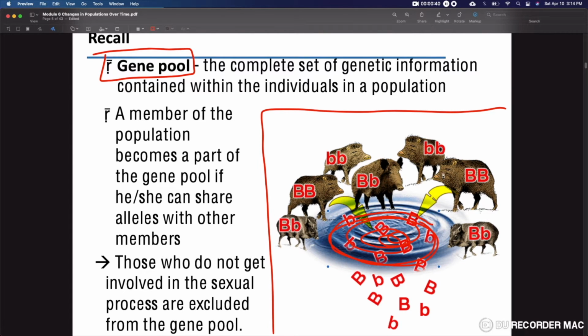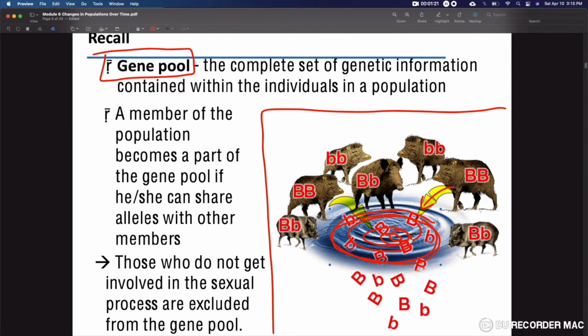And an organism can take part in that gene pool if he or she can donate or share his or her genetic information with other members of that population. So say for example, here in the Philippines, for a Filipino individual like you to be part of the Philippine gene pool, you must be able to share your genes, your alleles, your genetic information with the other members of the Philippine population. And how will you do that?